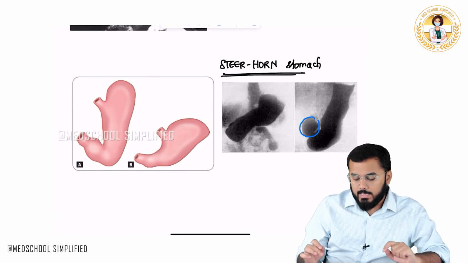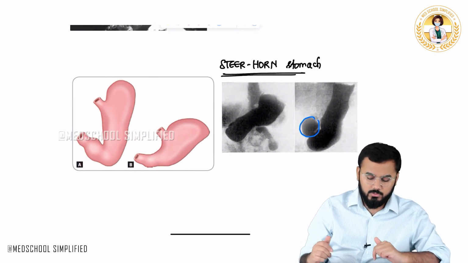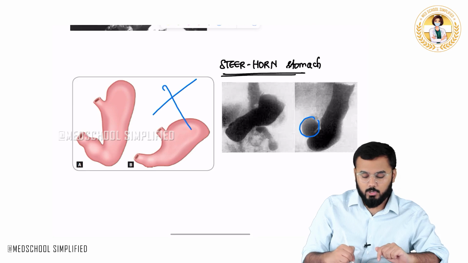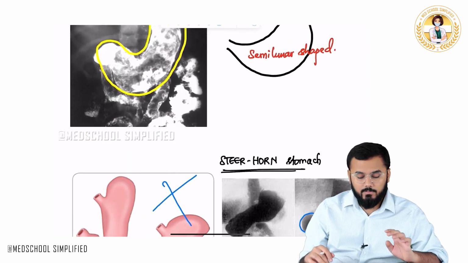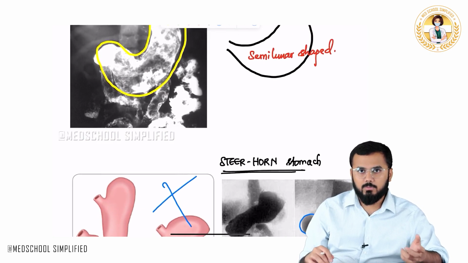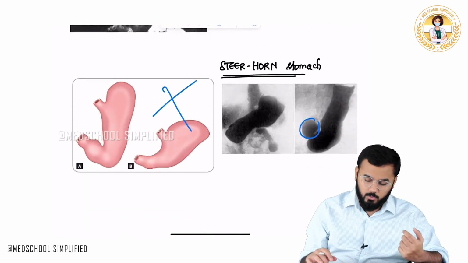In the exam, they won't give you pictures like this. Rather, they will give you barium meal X-rays, and they will ask what is the shape of the stomach over here, and you should be able to answer it.